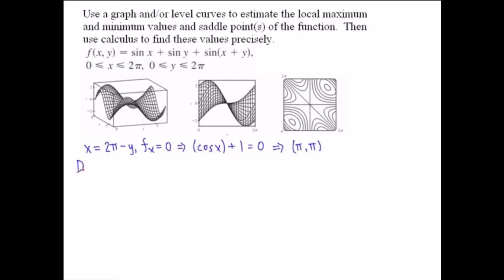D of (x, y) is equal to the sine of x times the sine of y plus the sine of x times the sine of (x plus y) plus the sine of y times the sine of (x plus y).